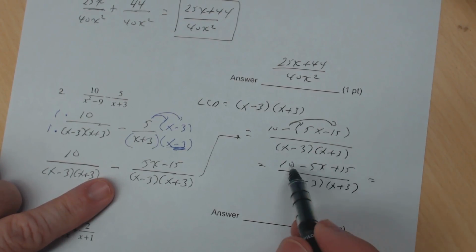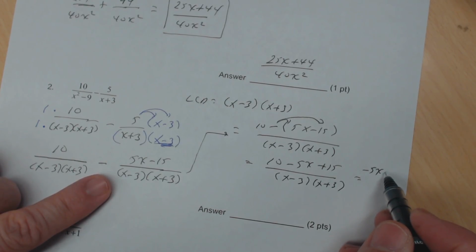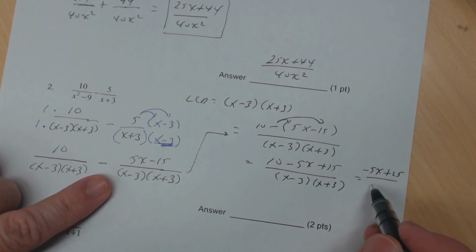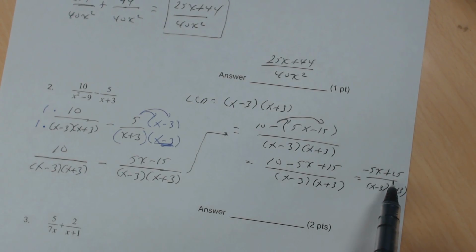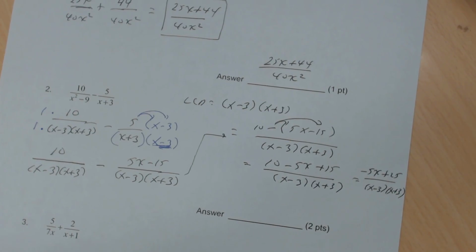And then combining like terms in the numerator, I'm going to get negative 5x plus 25 divided by x minus 3, x plus 3. All right, now remember the next step is to factor your numerator to see if anything can reduce. I just want you to notice something.